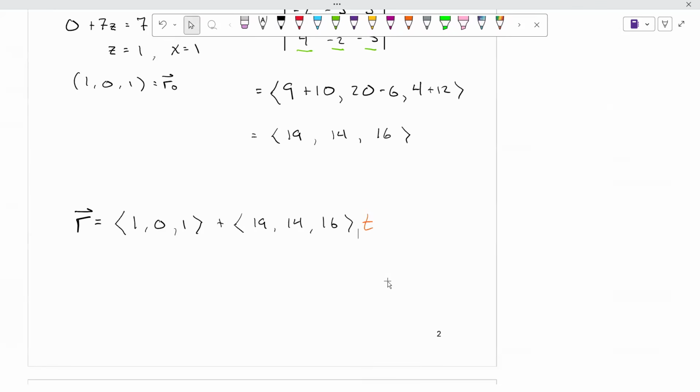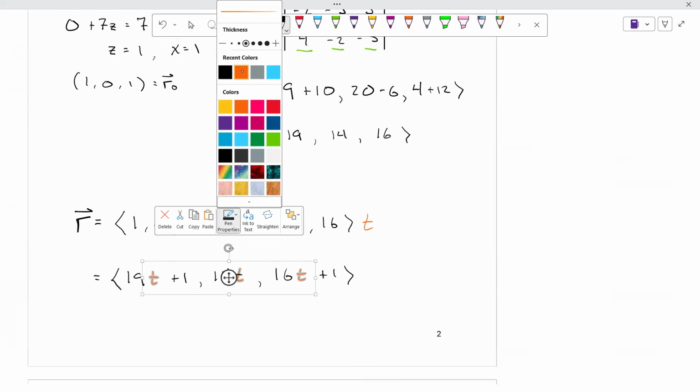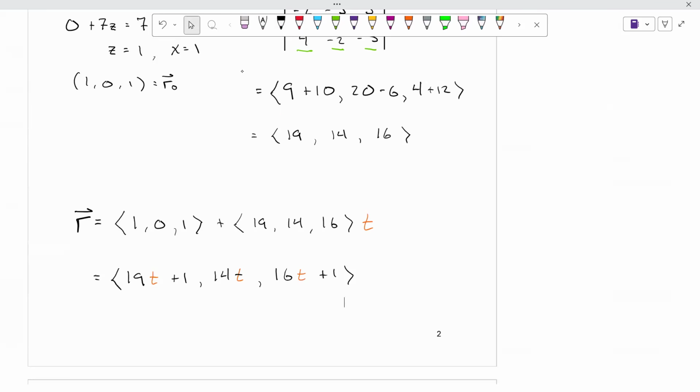Or if I wanted to express that all as a single vector, how about 19t plus 1, 14t plus 0, and 16t plus 1. Cool. So I think that's my line, rather.